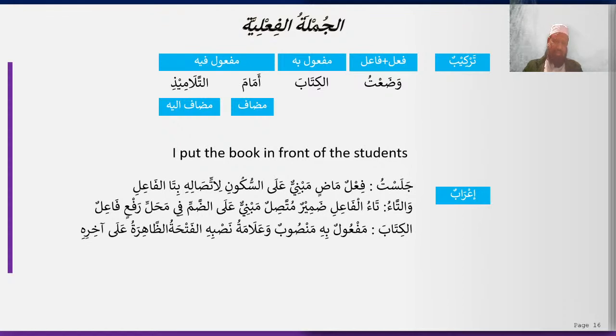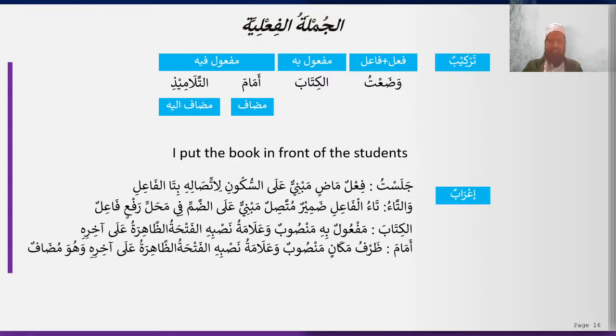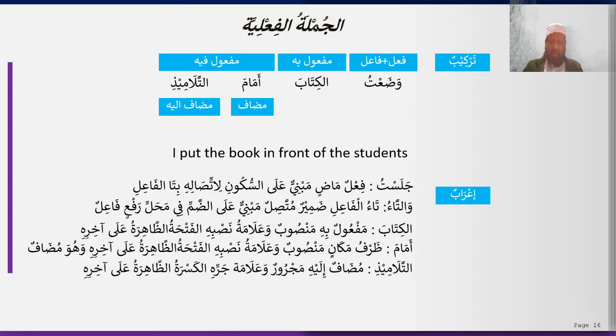And the rest أمام التلاميذ is exactly the same as the sentence before it. أمام ظرف مكان منصوب وعلامة نصب الفتحة الظاهرة على آخره وهو مضاف. التلاميذ مضاف إليه مجرور وعلامة جر الكسرة الظاهرة على آخره.